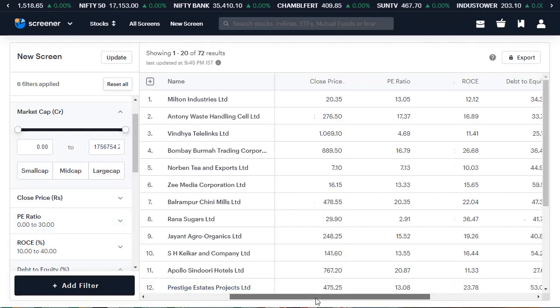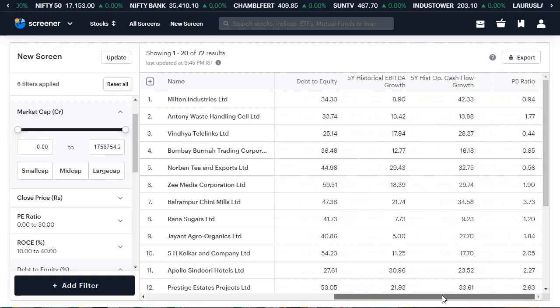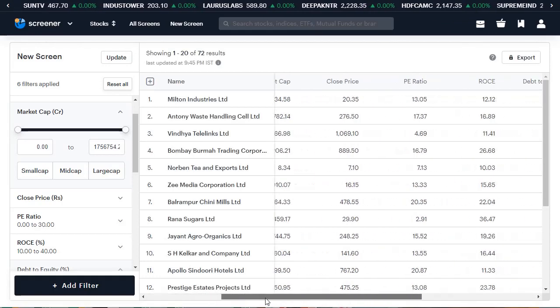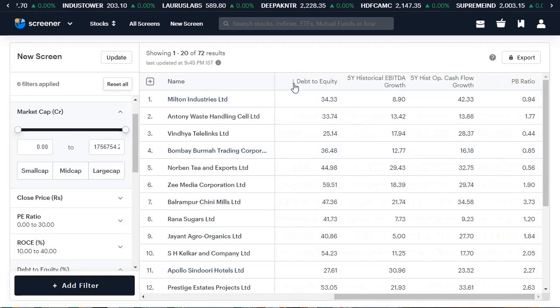Now, how to select the stocks out of this list for your investments? The first criteria is the debt to equity ratio. So we can sort each of the columns one by one to see which of the companies you are interested in investing.